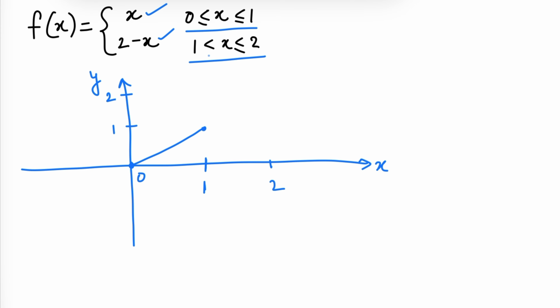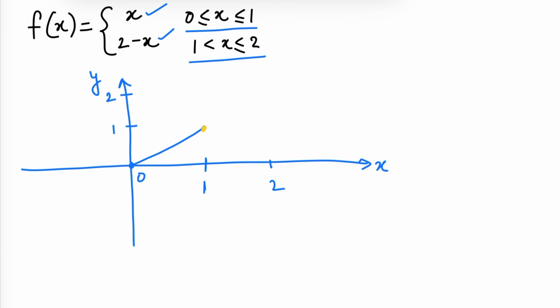Then we have the interval 1 to 2. So now we'll write x equals 1. Now if you write x equals 1, f(x) is again equal to 1. So now one point is this one only. So now I'll plot that point. Then we have another point for this particular graph.